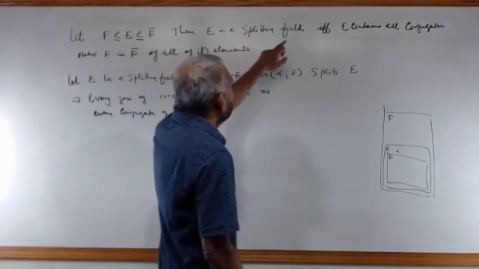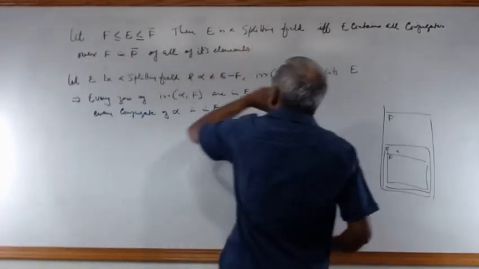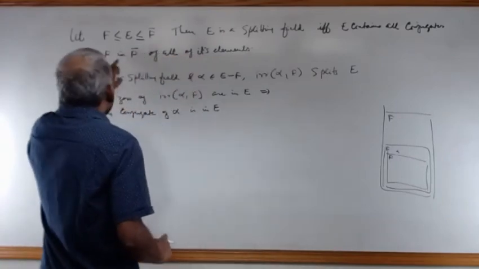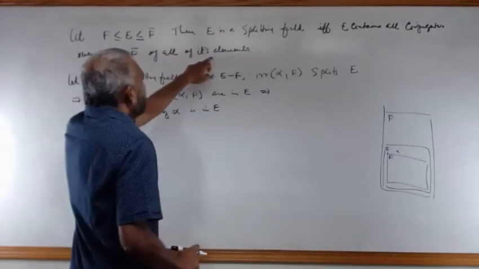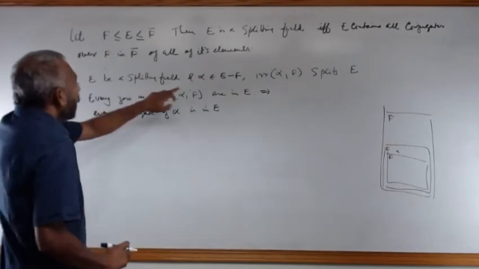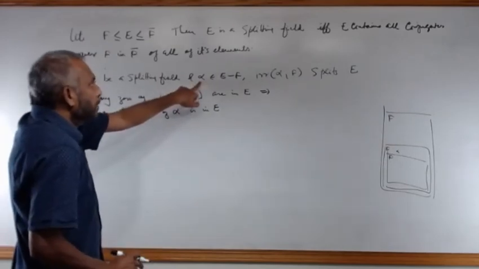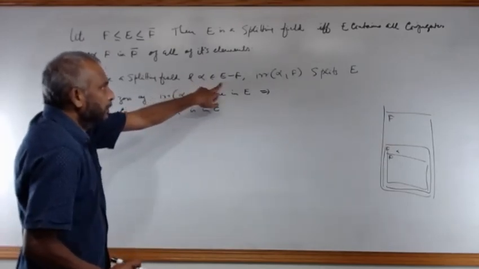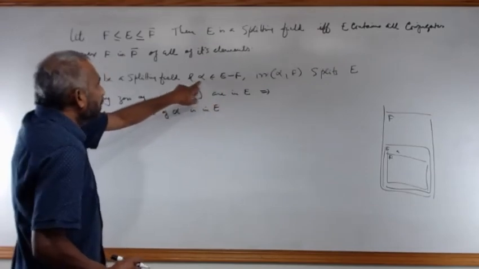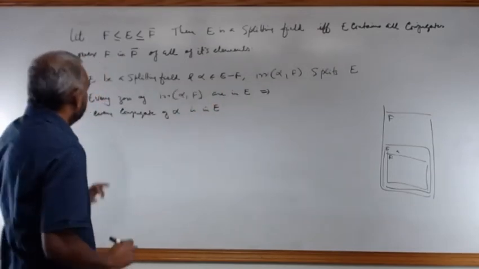If it's a splitting field, it contains all conjugates over F, in F closure, of all of its elements. So alpha is an arbitrary element in E minus F, then every conjugate of alpha is in E.